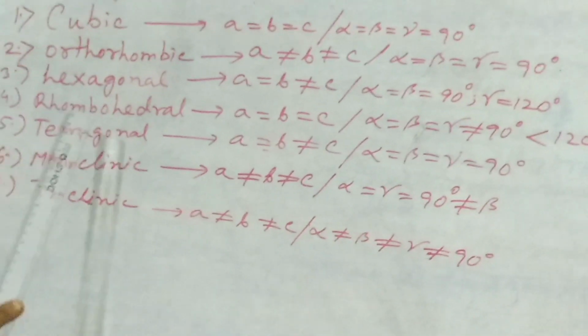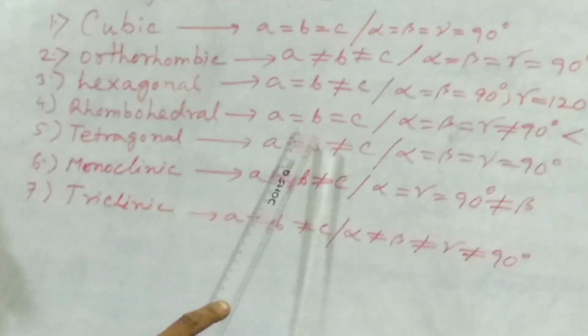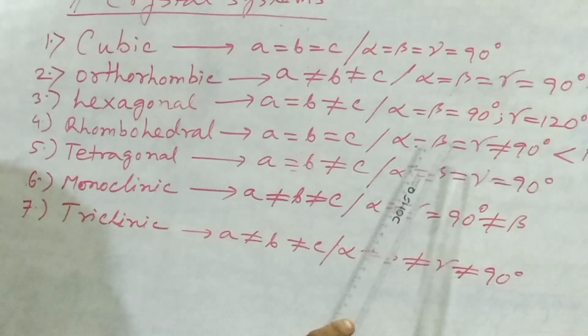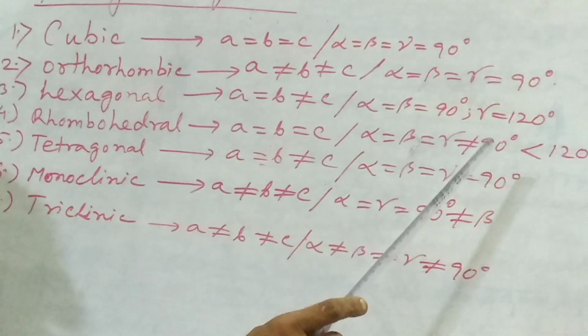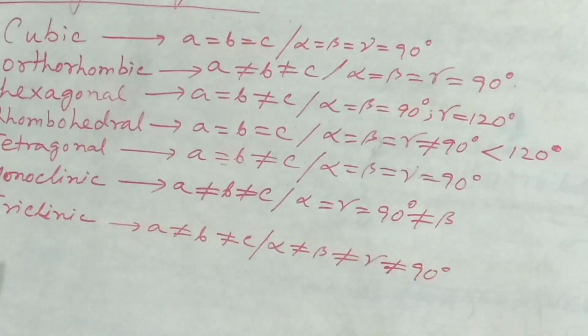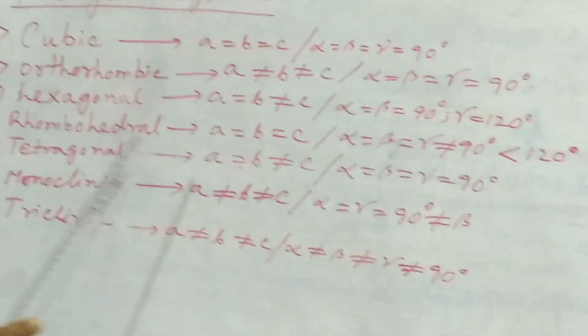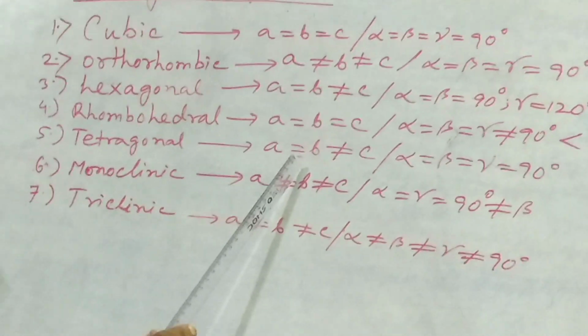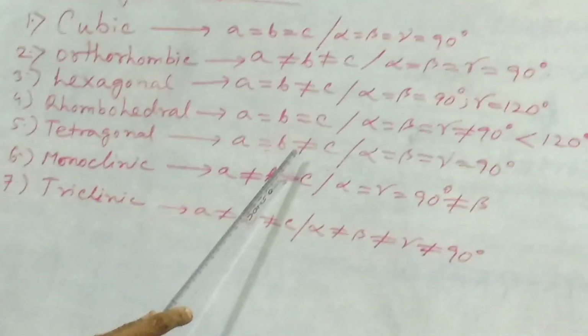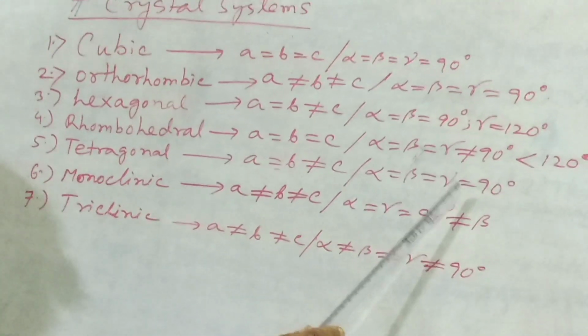And for rhombohedral, all the edge lengths are equal, all the angles are equal, but they are not equal to 90 degree but always less than 120 degree. On the other hand, in tetragonal, 2 edges are the same but the third one is unequal and all the angles are the same and equal to 90 degree.